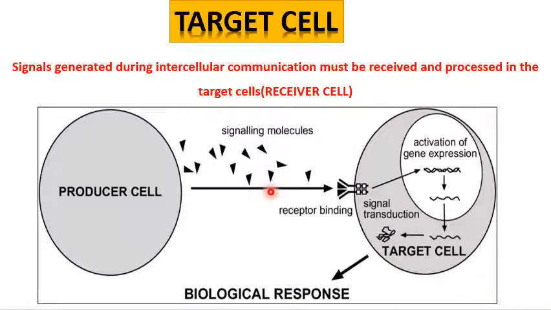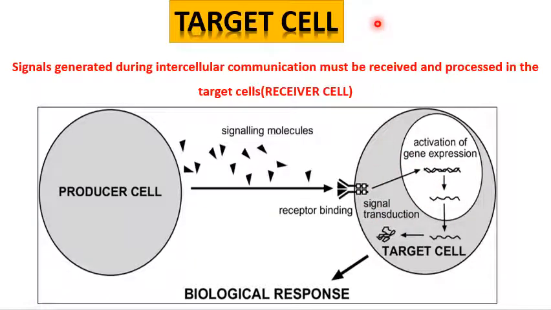producer cell. And as soon as the message is carried by the ligands, as these signals are also called, these chemical messages ultimately reach the receptor and there will be a change in the cell.